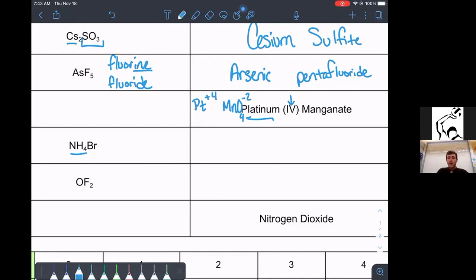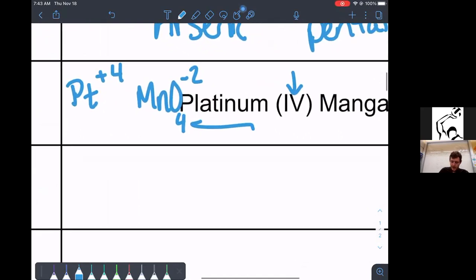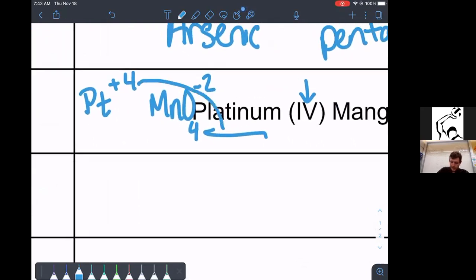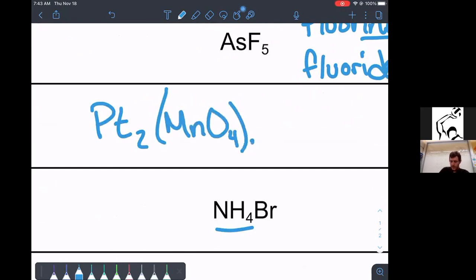Okay, so the other way we can look at this is crisscrossing our charges. So bring the 4 down here, bring the 2 down here, and it becomes Pt2(MnO4)4 to balance out those charges.